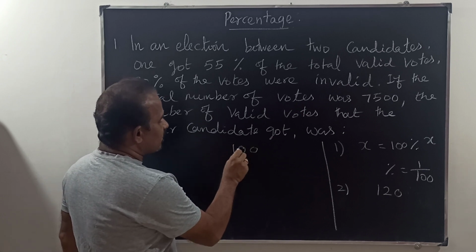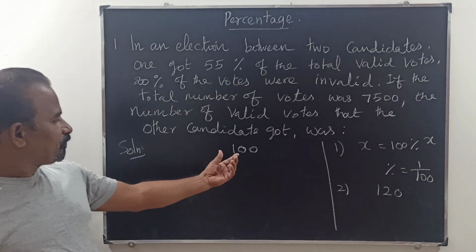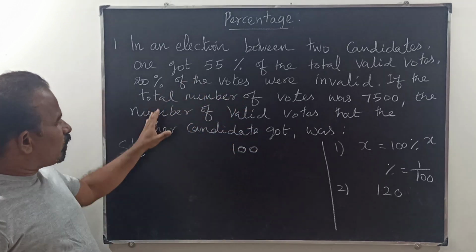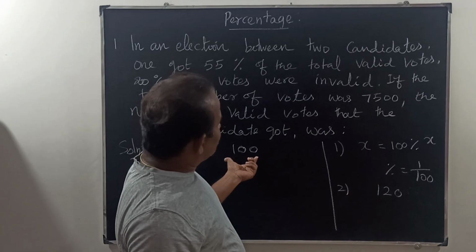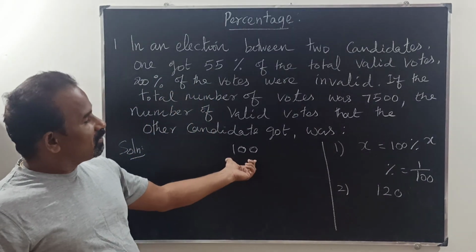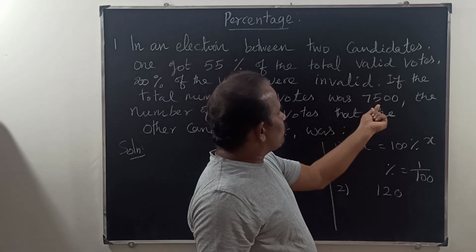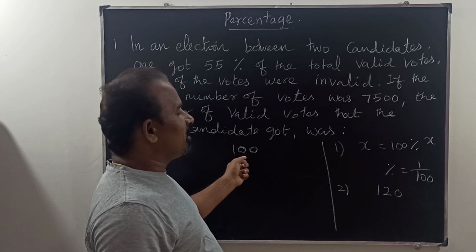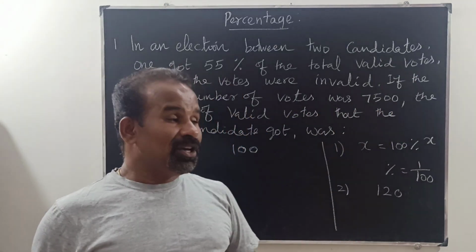I will calculate everything for 100, then multiply by 75 to get the result for 7,500.